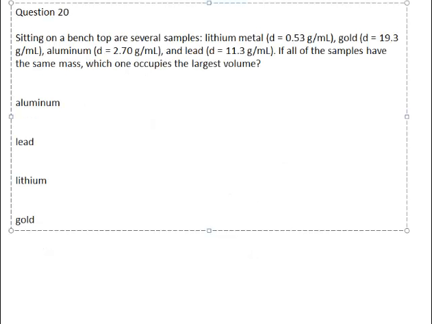Now, here's a problem where I'm given the data on 4 different samples: lithium, gold, aluminum, and lead. I'm given those densities. And then the question says, if all of these samples have the same mass, which one occupies the largest volume? So let me put this to you a different way.